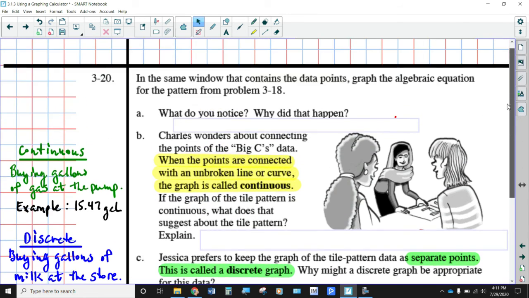Okay? So in the same window that contains the data points, graph the algebraic equation. What did you notice? It created a line, right? So the line went through all of the points. This is an example of a line that passes through all the points. That is a continuous graph, okay?